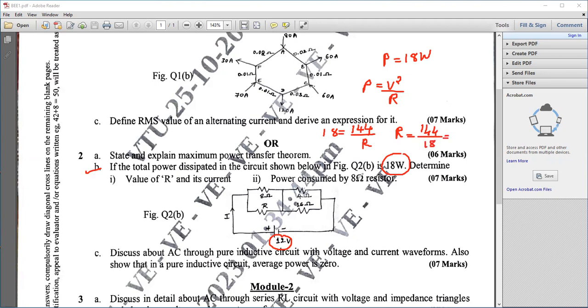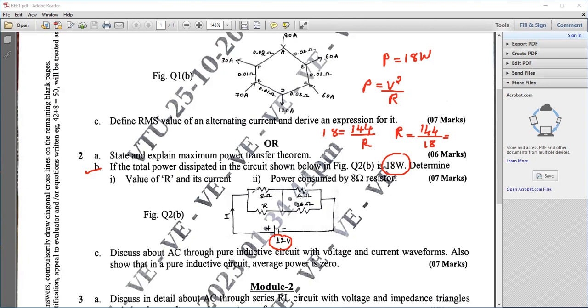Later, you need to calculate the unknown value of resistance R. Here you have to solve. 18 and 8 and R are already available. Similarly, 6 and 4 and 16.